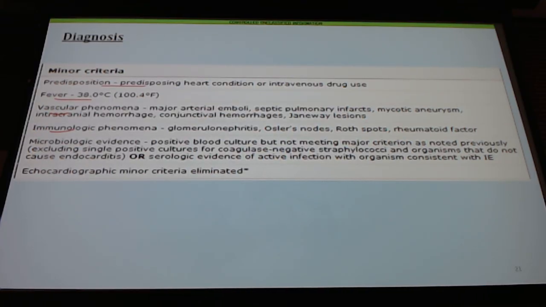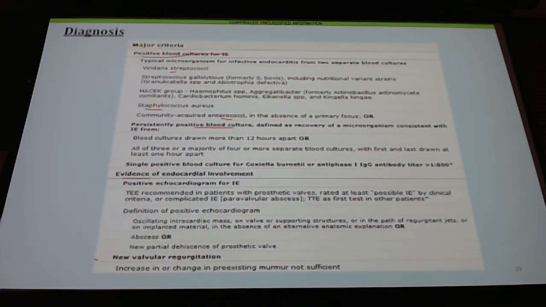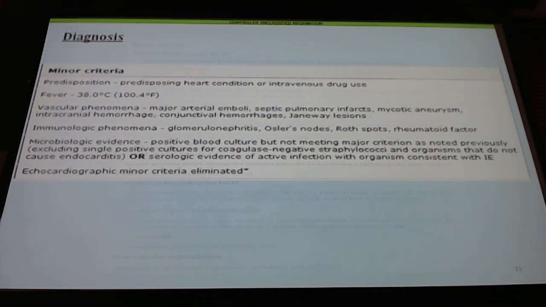They have immunologic phenomenon. They have microbiologic evidence of positive blood culture, and echo findings that don't meet the major criteria. On the echo you're not really seeing that true vegetation, but you're seeing kind of those other things.